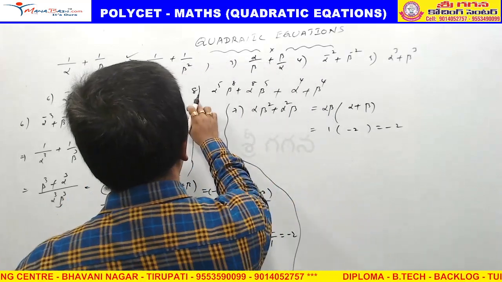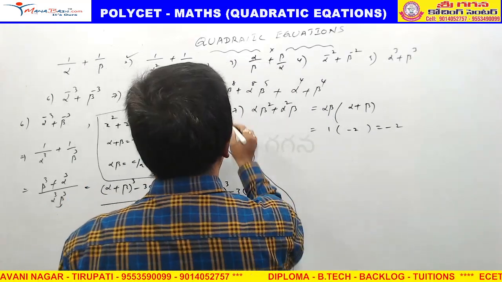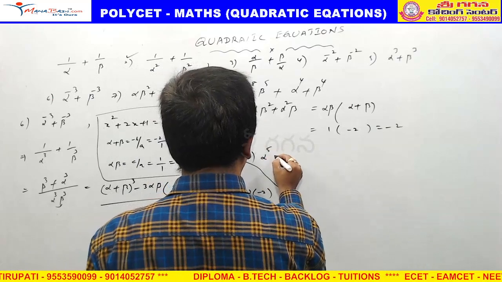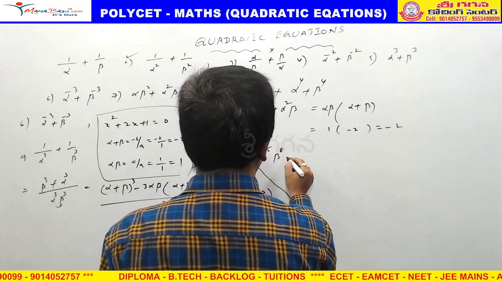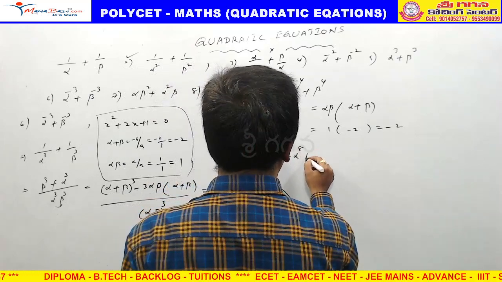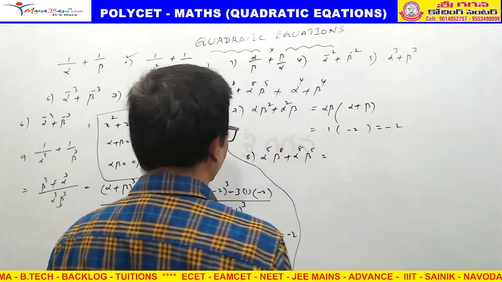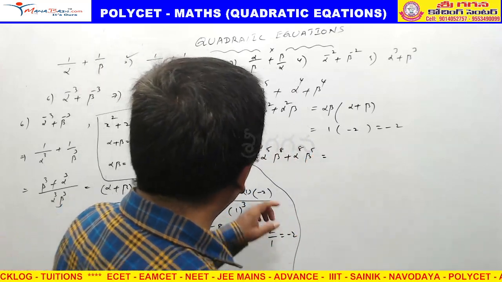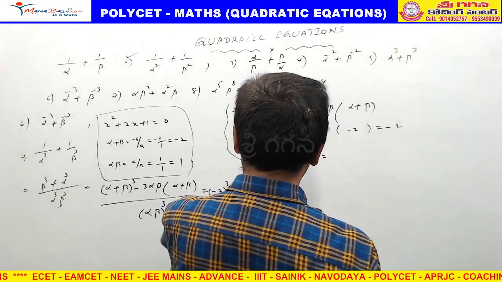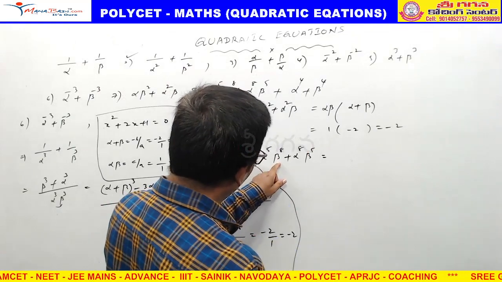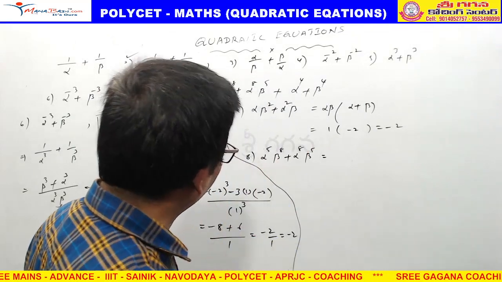What is the next one? This is also important. Alpha power 5, beta power 8 plus alpha power 8, beta power 5. Then see how to get here. If you take this one, beta power 8, so 8 beta terms are there.